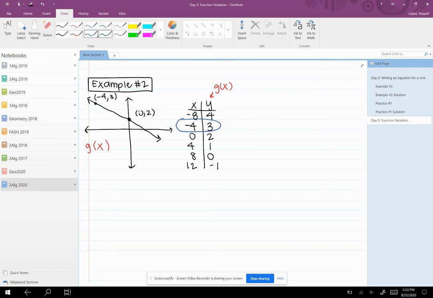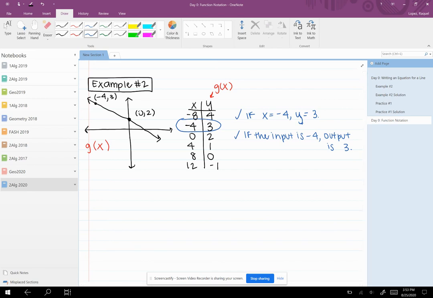One way that we can express this point, again, is if x equals -4, then y equals 3. Another way of expressing this idea, again, is if the input is -4, then the output is 3.